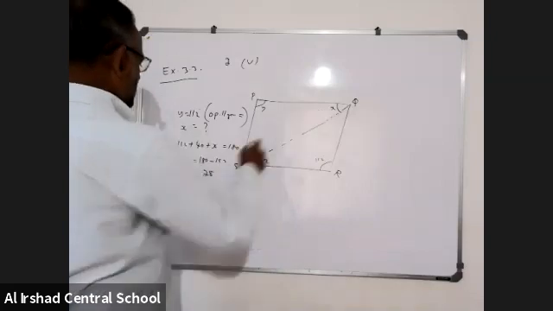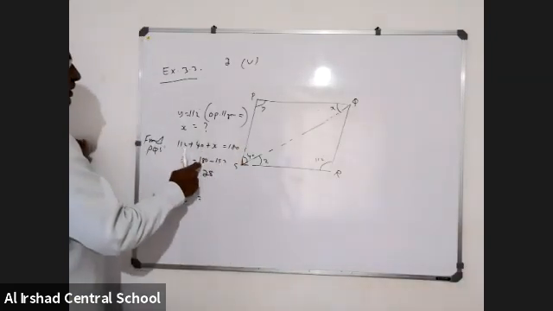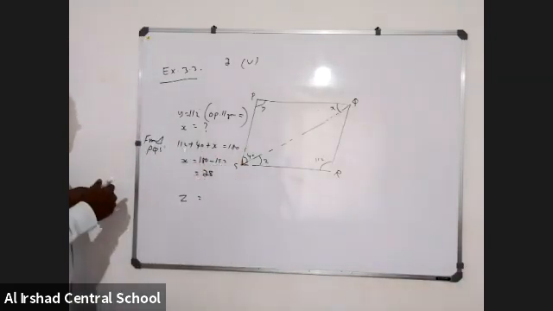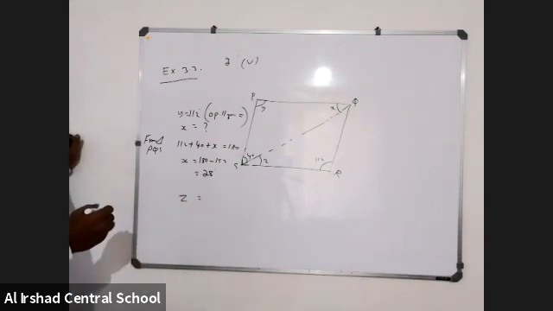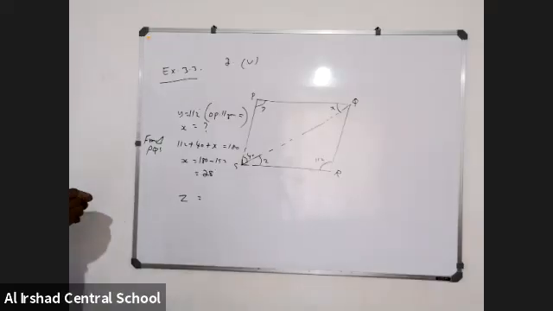This 28, correct? 40, 152, 180 minus 152, 28. Z is equal to how much? 28. Z is equal to 28 degree. Why?